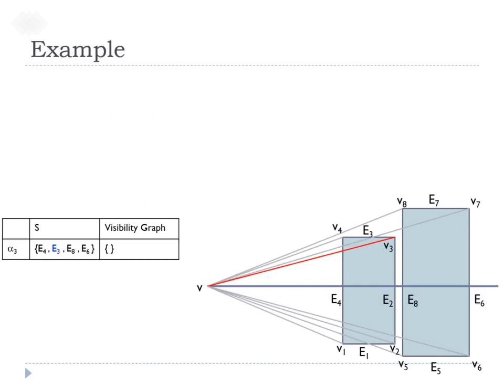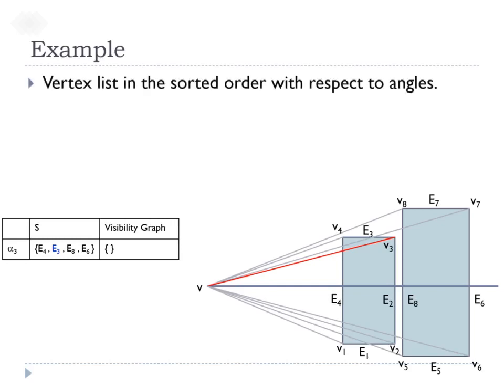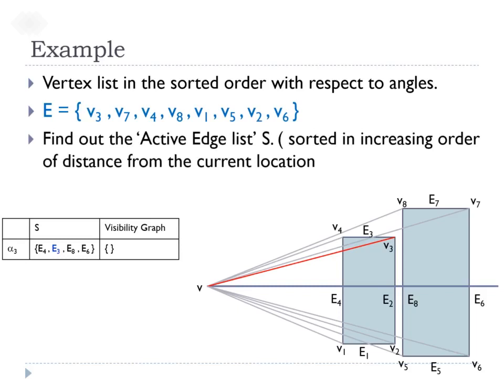Let us trace this algorithm for this scenario where we have these two obstacles. We first of all find out the vertex list as we have done before. Then we find out the active edge list S, which is E4, E2, E8, E6.